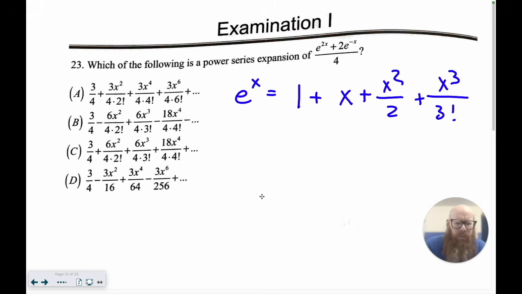And I'm going to stop there, because obviously it keeps going, so technically plus ... Then I'm going to use this to find these two. I'm going to use it to find e to the 2x first, which means I just replace each x with 2x.